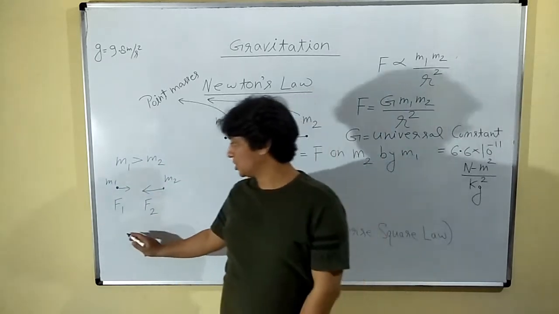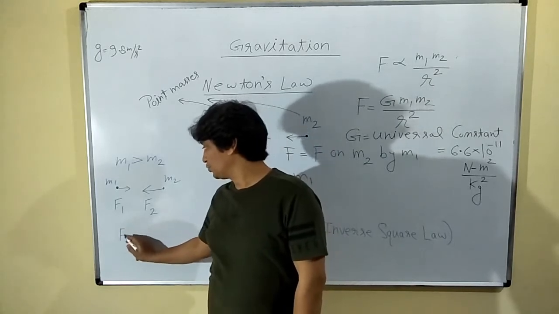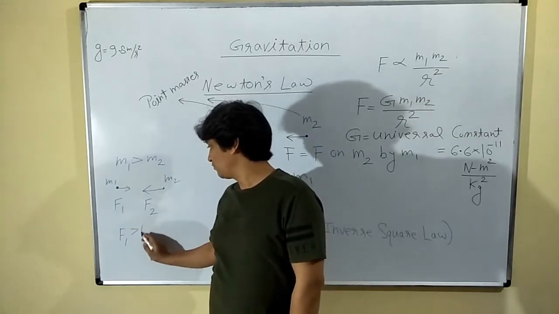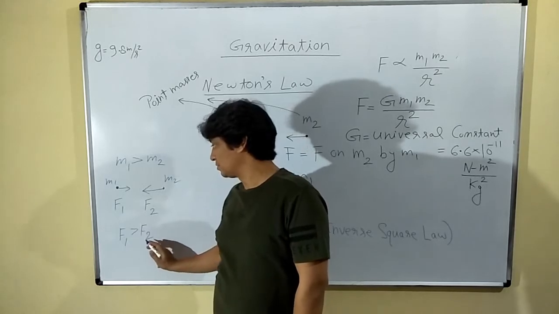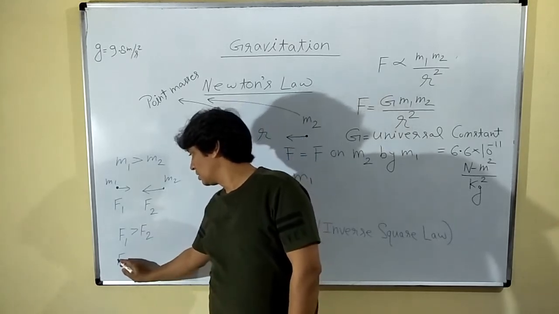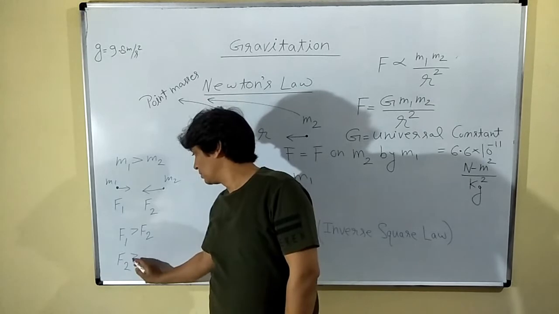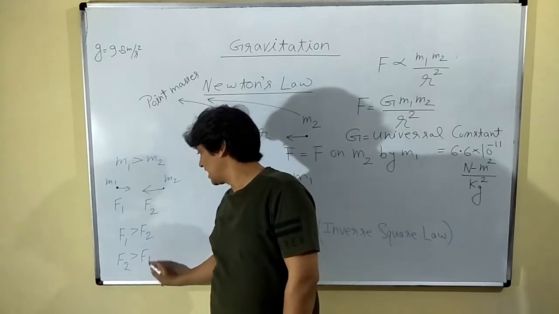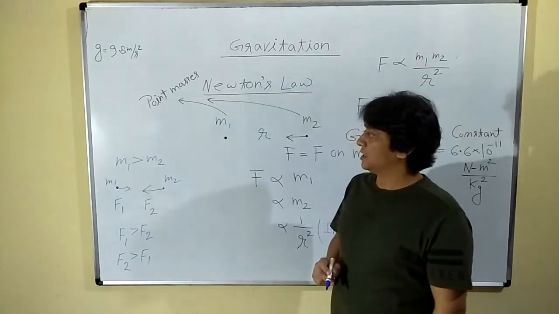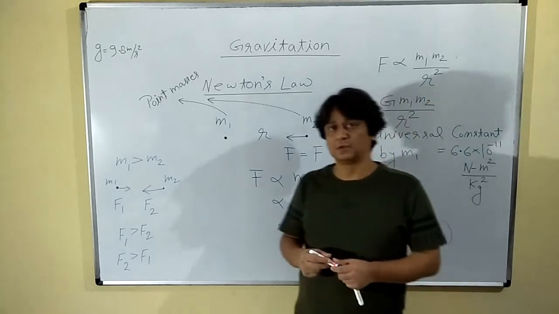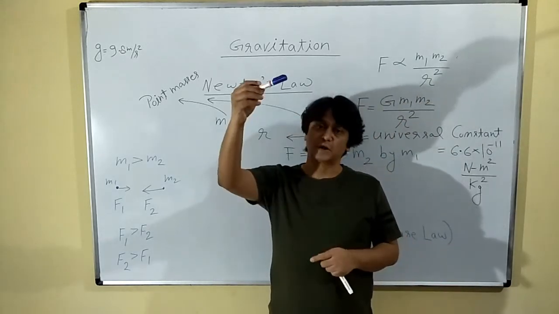Questions किस तरह से पूछे जाते हैं? Which one is correct? F1 greater than F2 or F2 greater than F1? It's like asking this, that Earth, and take this marker.